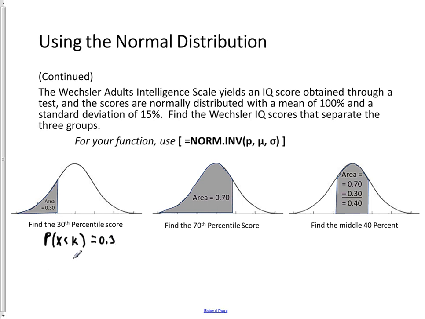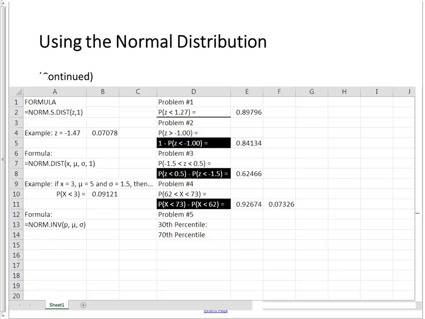So we're going to enter this in for P, 0.3. For our mean, this is the Wechsler intelligence scale using IQ score, so it's normally distributed with a mean of 100 and a standard deviation of 15.